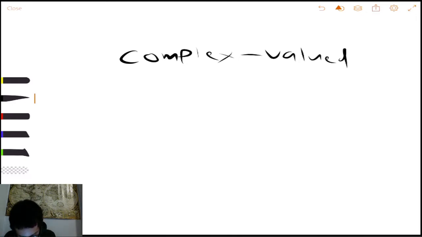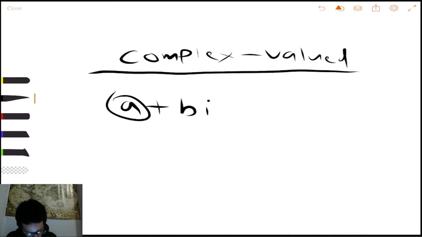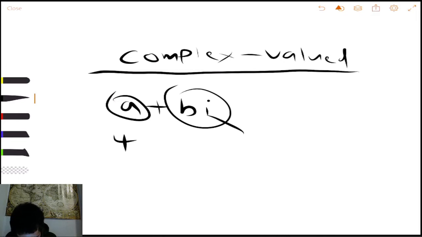The first term that I used is complex valued. What this means colloquially is essentially that the wave function is given by a complex number. A complex number would look something like a plus bi, where a is a real number, like 4, and b is an imaginary number, with i being the imaginary unit.